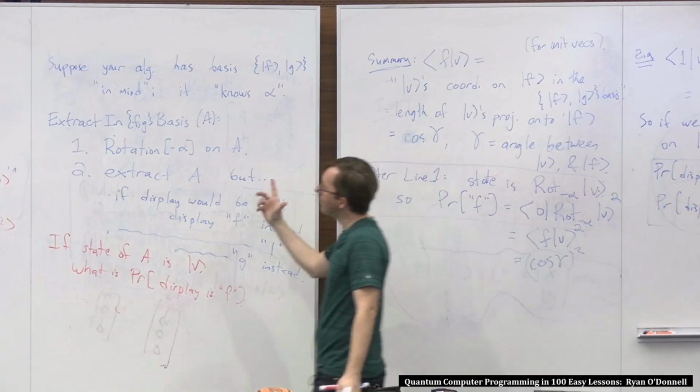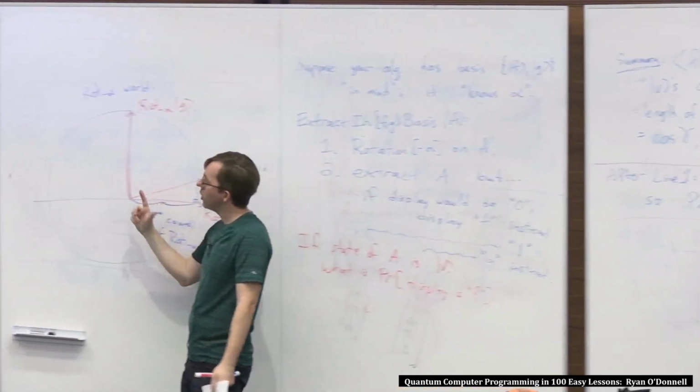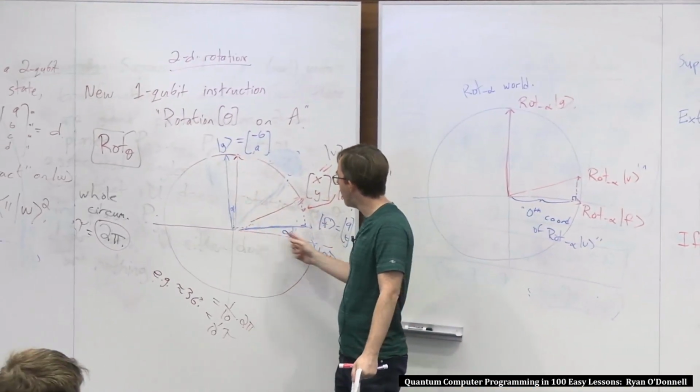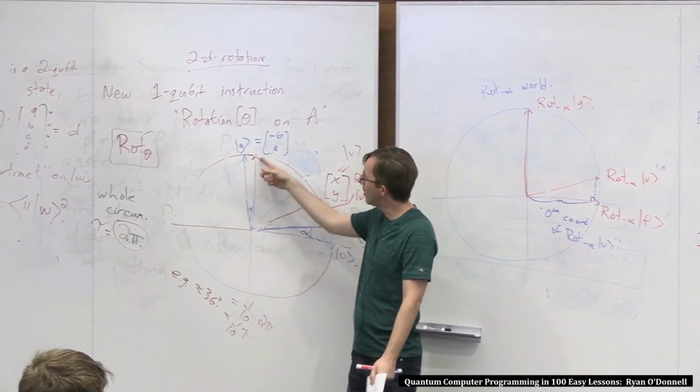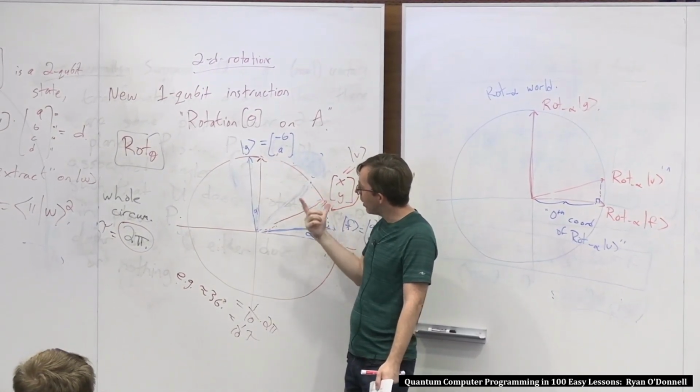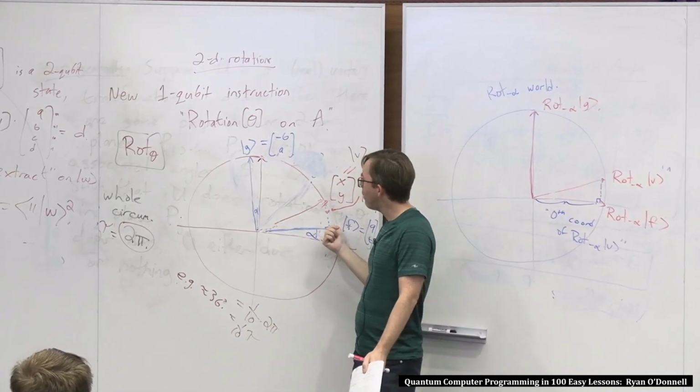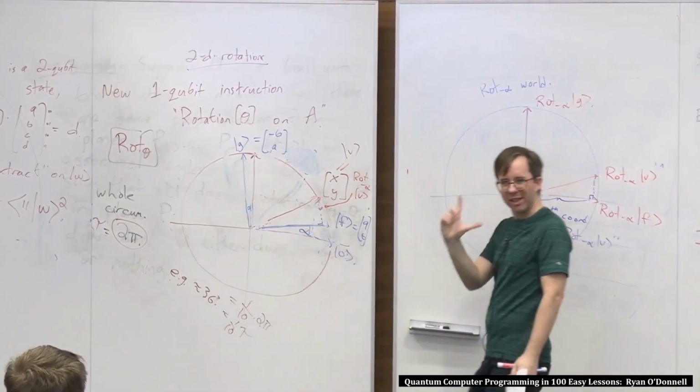Okay, so this is just a new way to extract or measure a qubit, where I don't want to know how much amplitude is on 0 and how much amplitude is on 1. I want to know how much amplitude is on F and how much amplitude is on G. This different basis.